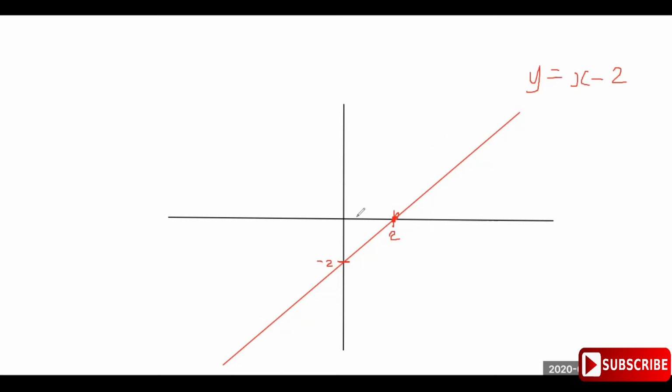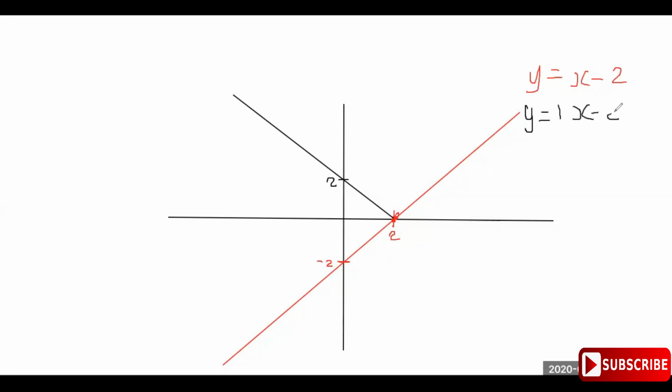Now remember, modulus reflects the part that is below the x-axis over the x-axis. And so this part down here becomes like this. That part down there gets reflected over the x-axis. All right, and so instead of passing through negative 2, it's going to pass through positive 2. Now one thing I want to tell you is that this now is the graph of y equal to the modulus of x minus 2.